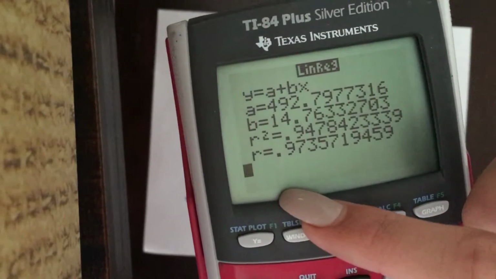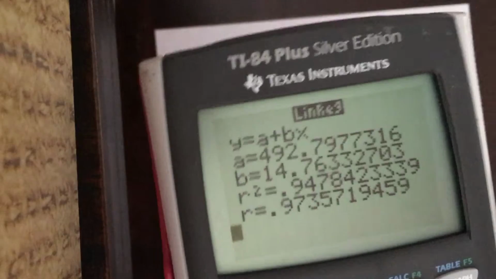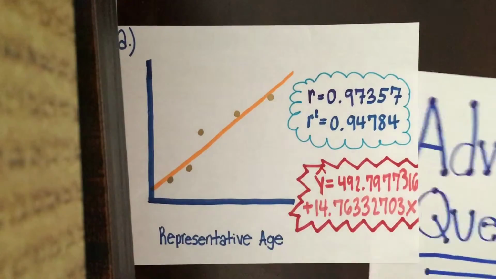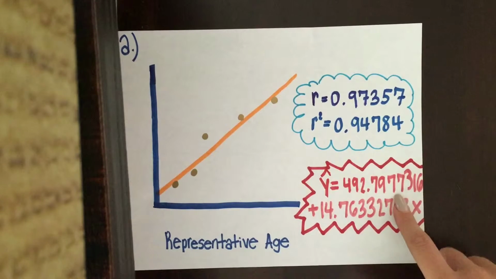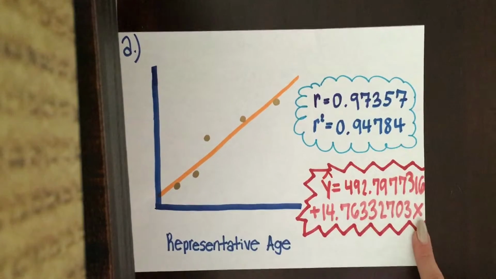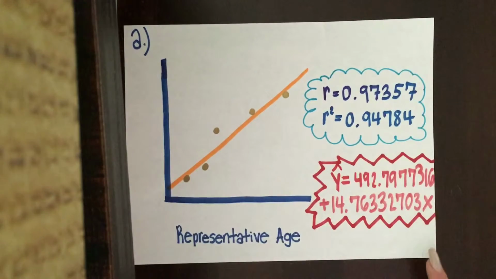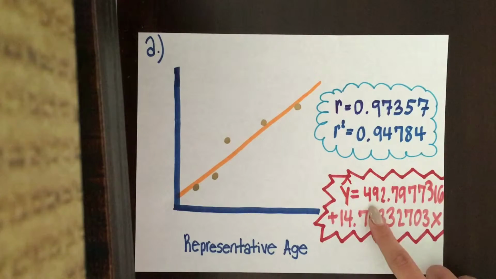R squared, and R. So once we've done this, we can get our formula, which is y hat equals 492.7977 plus 14.7633x.